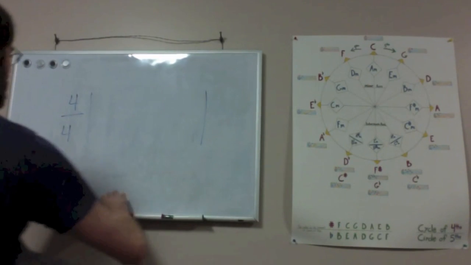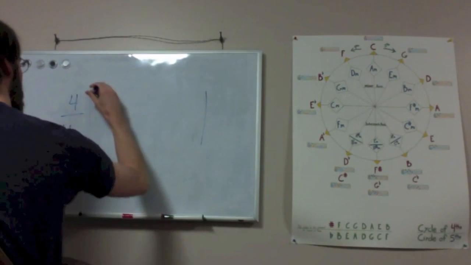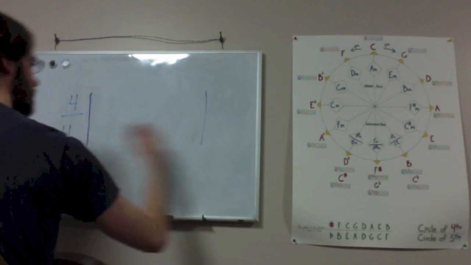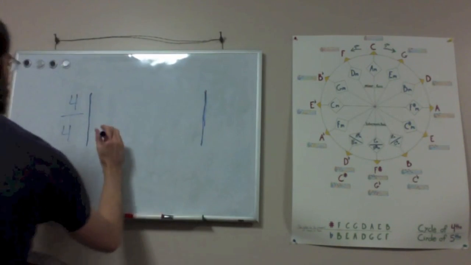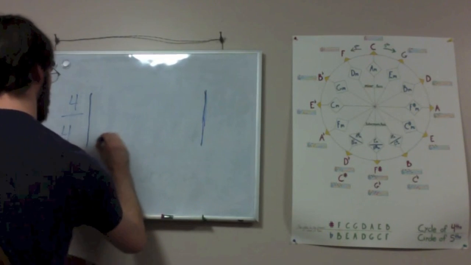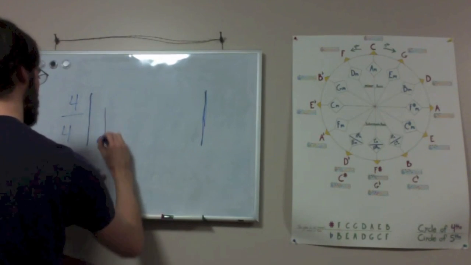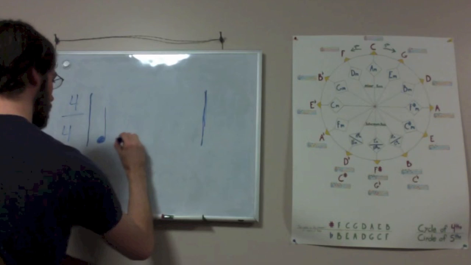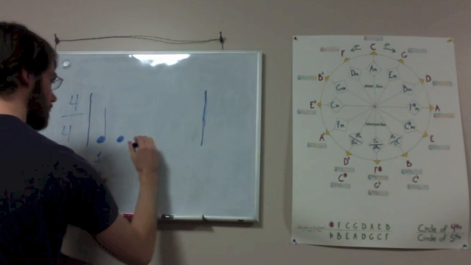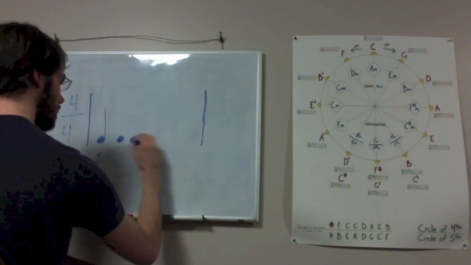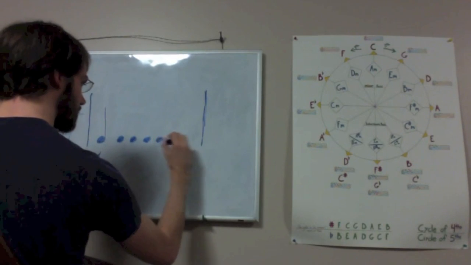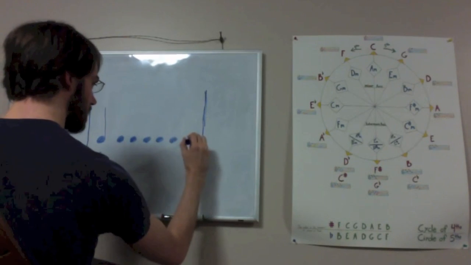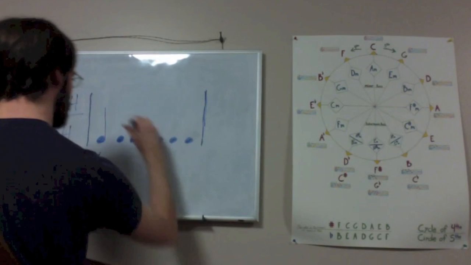So, step number 1. Let's get the basic structure of our rhythm going on here. So I'm going to write a quarter note. We're still in 4/4 time. Get used to it. So that's beat 1. And then on beats 2, 3, and 4, I'm going to write pairs of 8th notes.